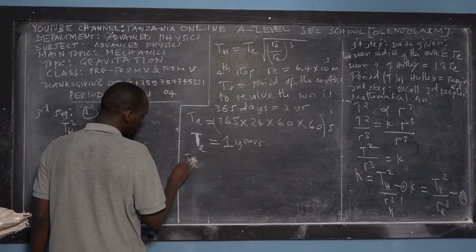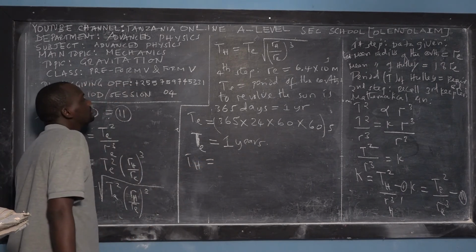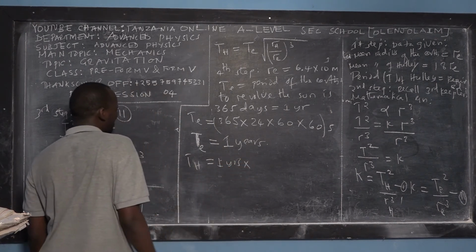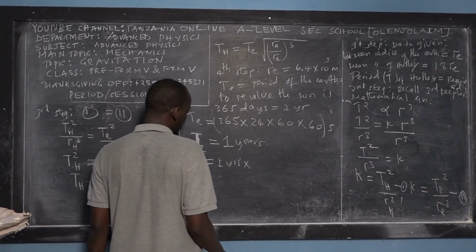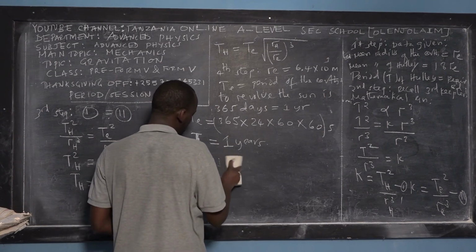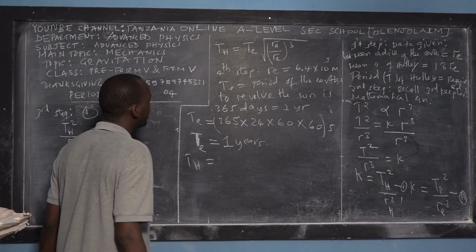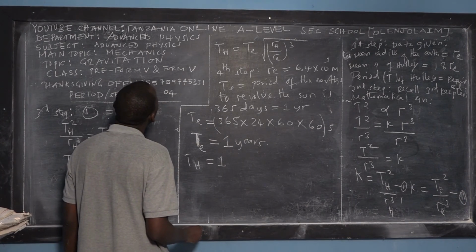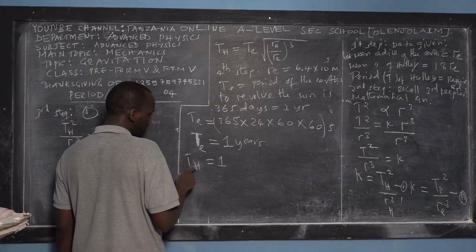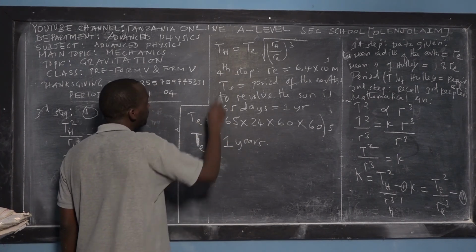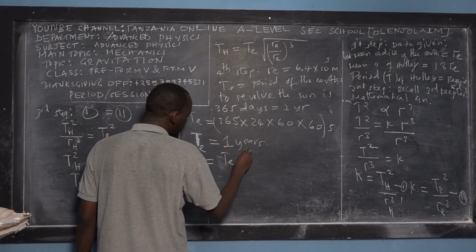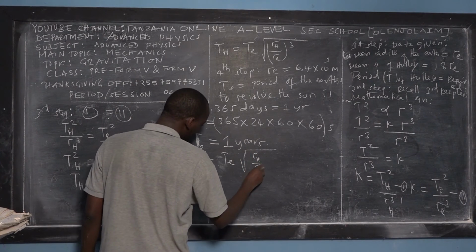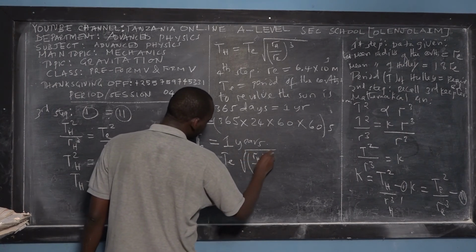The period of the Earth is what? 1 year. Remember from this formula, the period of Halley is equal to the period of the Earth times the square root of the radius of Halley over the radius of the Earth, cubed.